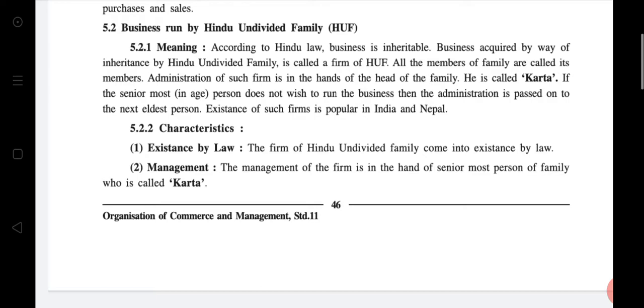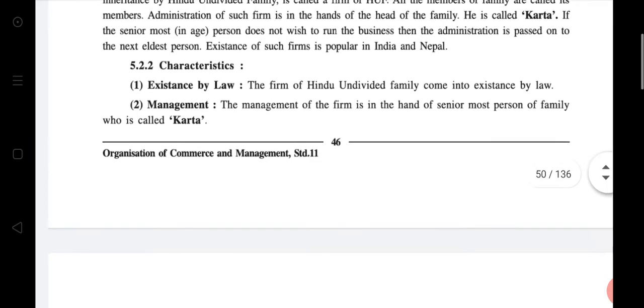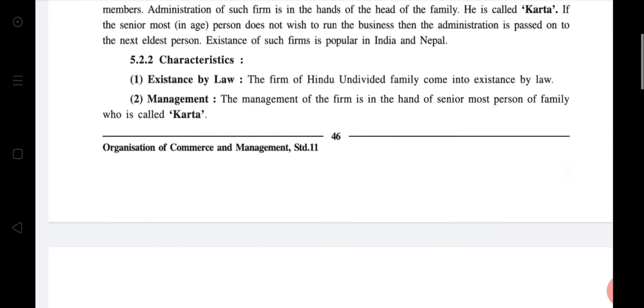If the most senior person does not wish to run it, then the business administration is passed on to the next eldest person. And this type of firm is popular in India and Nepal.